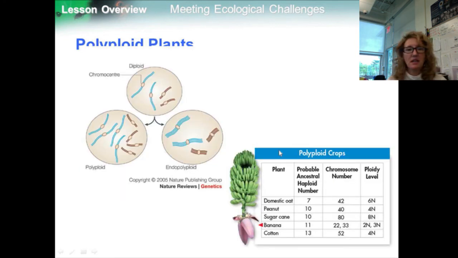Drugs that prevent the separation of chromosomes during meiosis are very useful in plant breeding. These drugs can produce cells that have many times the normal number of chromosomes. Plants grown from these cells are called polyploid because they have many sets of chromosomes.